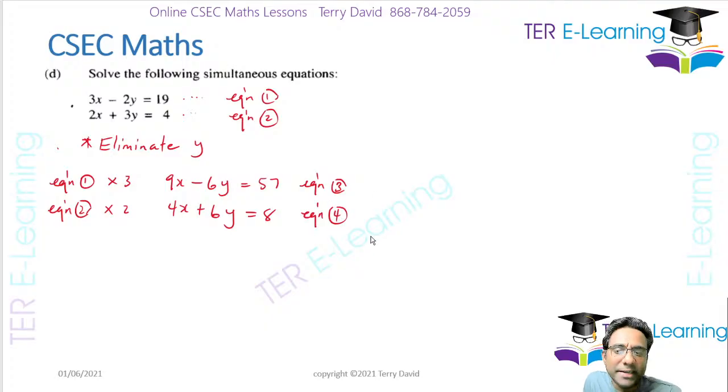Now I want to eliminate y. So my question to you guys, am I going to add equations 3 and 4, or am I going to subtract equations 3 and 4? This is a mistake that some students make.